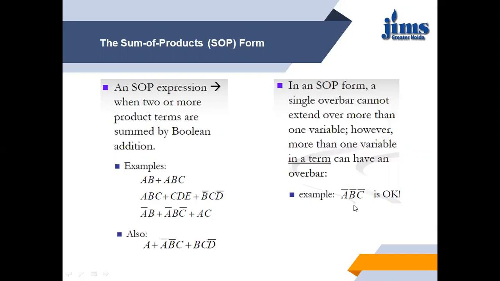This is the right product term, and we cannot write A B C whole bar. This is not a product term, because when I open this bar, it will be A bar or B bar or C bar. So in the SOP it should be kept in mind that the complement should never be of the whole term. It can be of different variables. It can be A bar, B bar, C bar, but it can never be A, B, C whole bar, because when we open this whole bar, it will be a sum term.